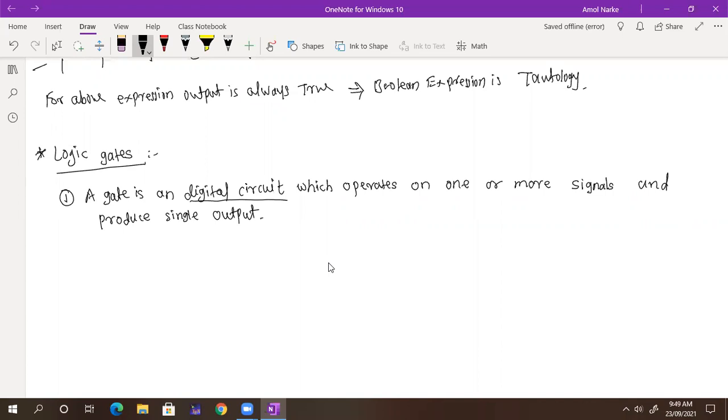So whatever we have, AND gate, OR gate, just write down all the remarks, then we will do that one. So it has input and output. So what are the inputs? So gates are digital circuits.